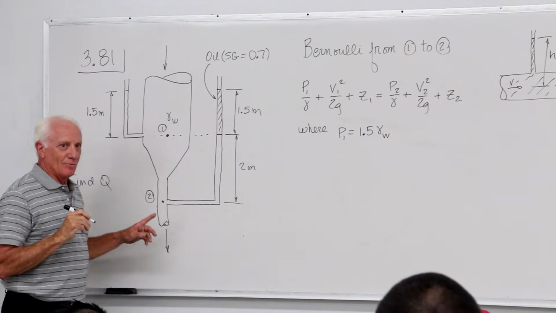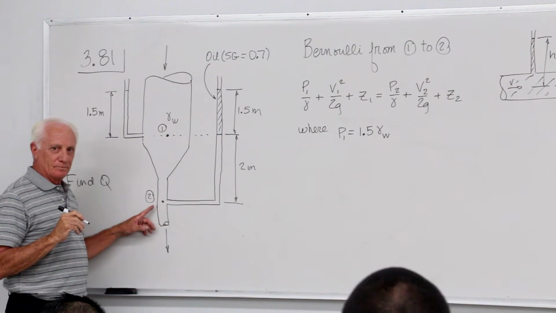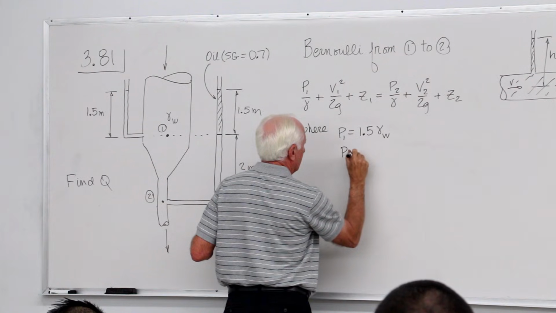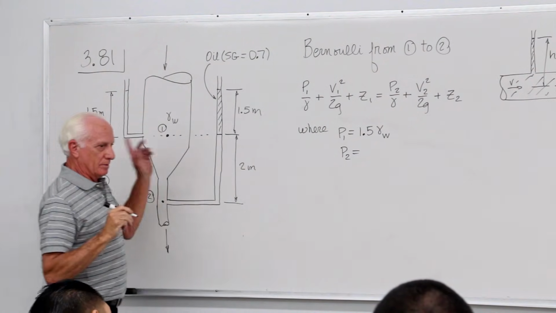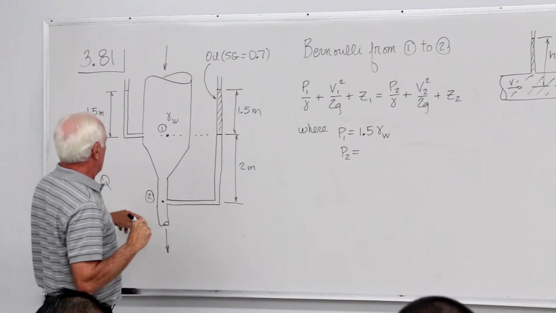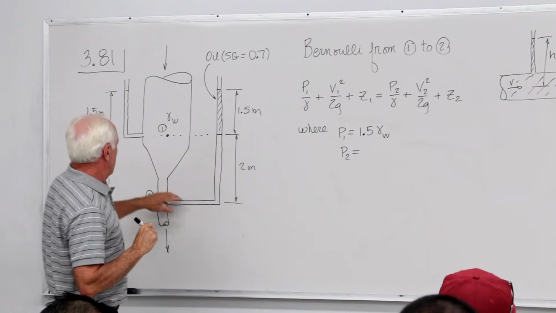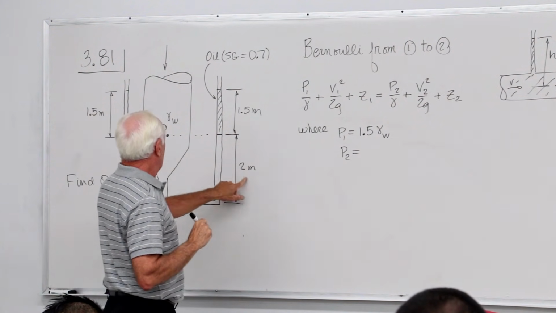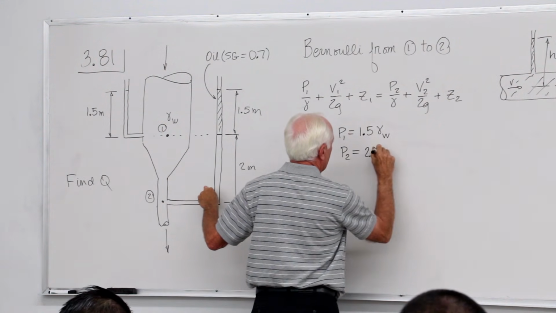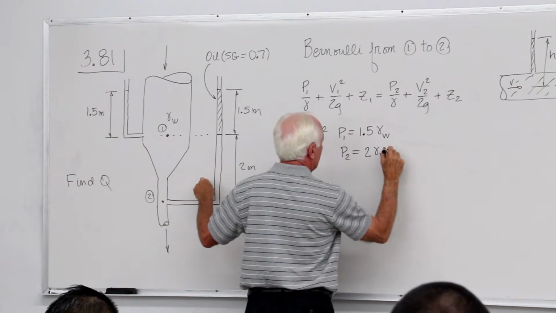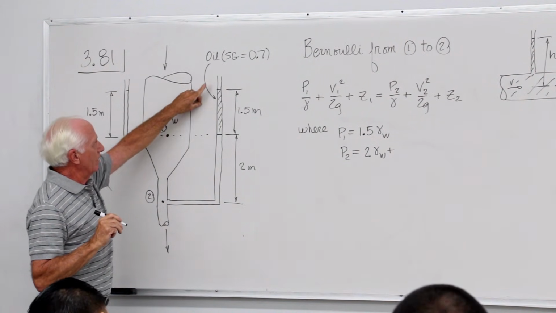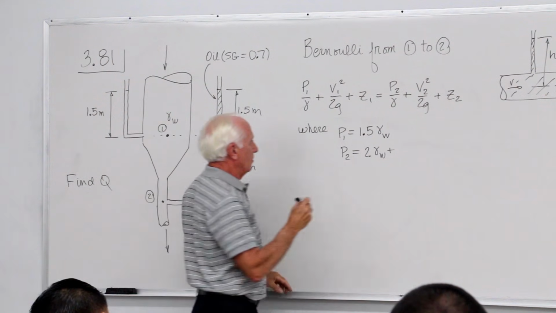Okay, now we'll get P2. It's a manometer. Water here. Go up here, 2 times gamma water, plus, now this is gamma of oil, 1.5 gamma oil.